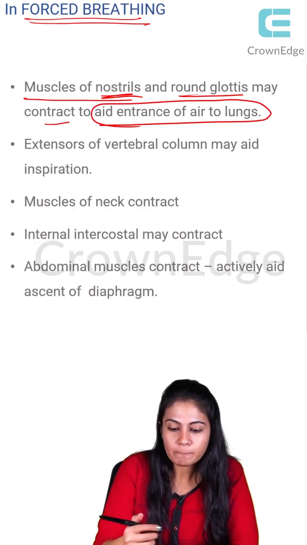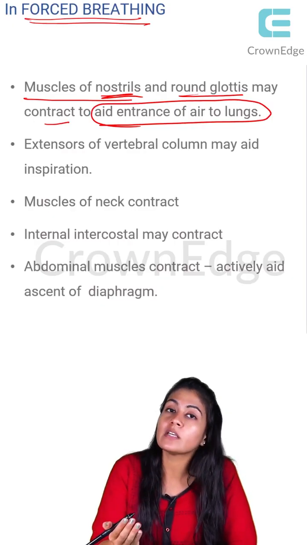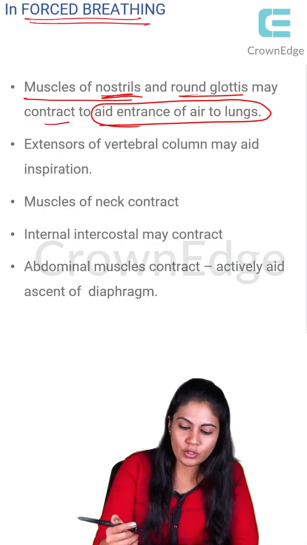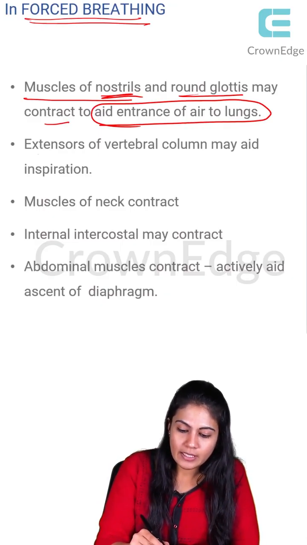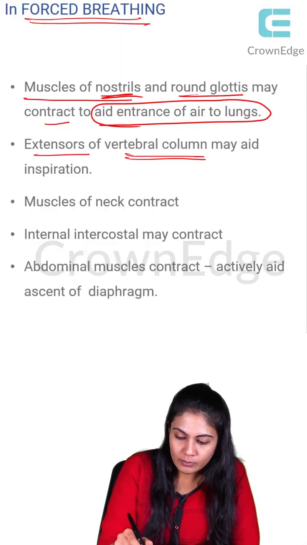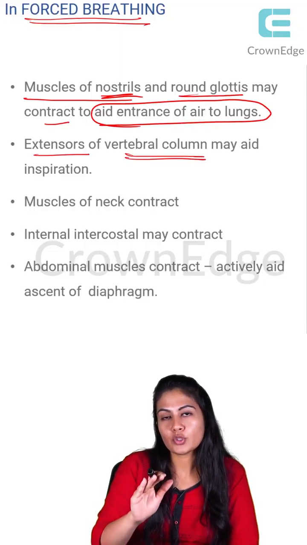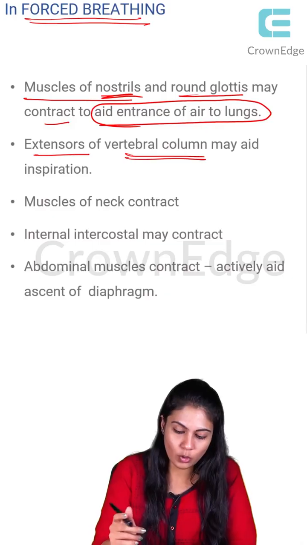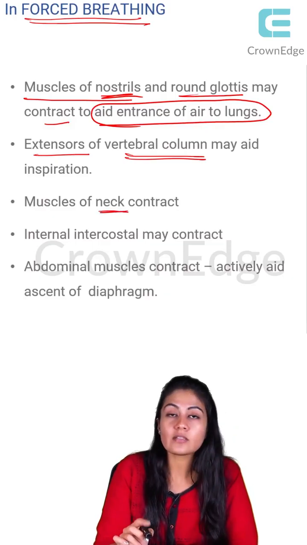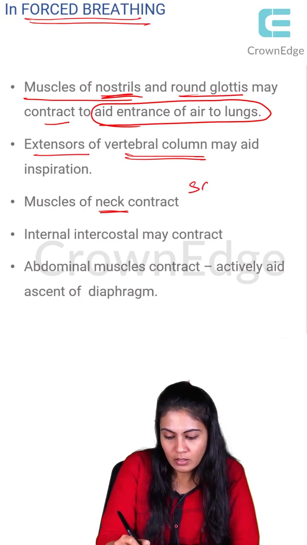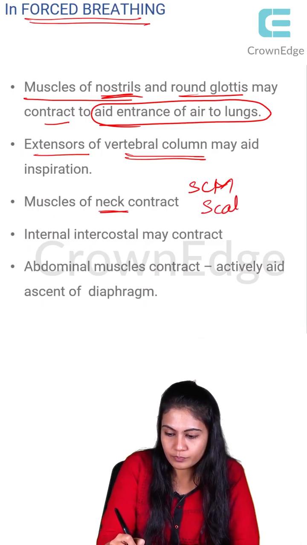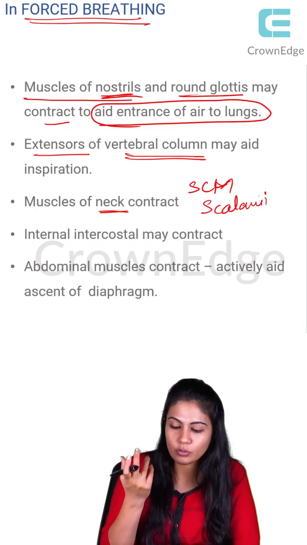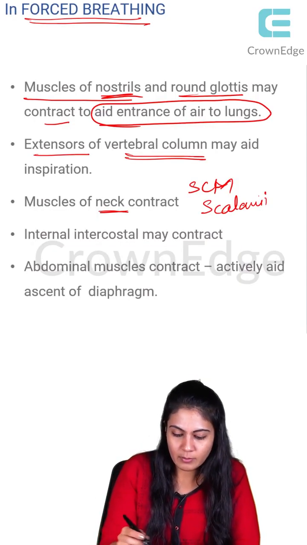So these are muscles which help in inspiration and expiration also, right? The extensors of the vertebral column can help via the movement of the spinal column. Muscles of the neck, that is the sternocleidomastoid muscle and the scalene muscle, right? Then the alae nasi of the nose. They are all accessory muscles.